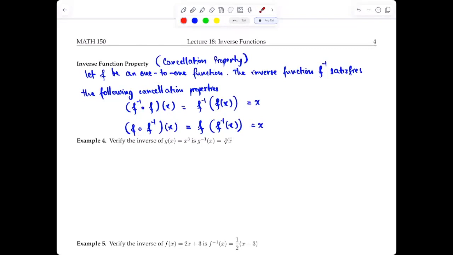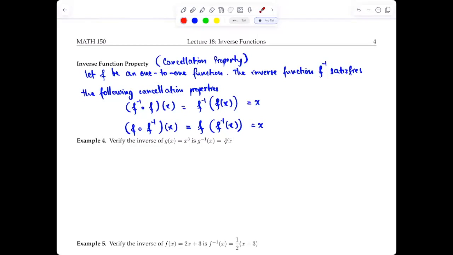Again, this is not mathematically correct, but it's convenient for understanding. To actually show that f and f inverse satisfy the cancellation property, you have to work out the details to show that when you do composition of these two functions, you end up getting the value x at the end.